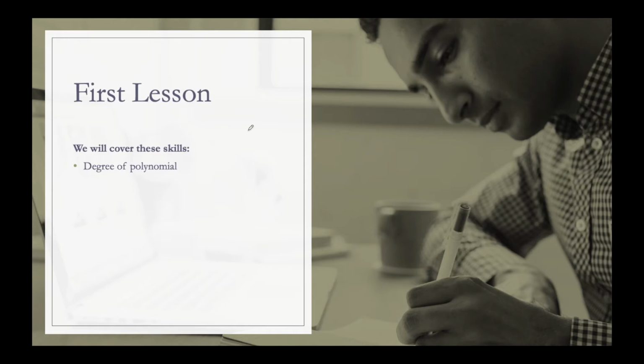The first lesson that we will do, and the thing that we will learn in it, will be the degree of polynomials. So whenever I talk about polynomials, that might confuse us, what exactly this means.